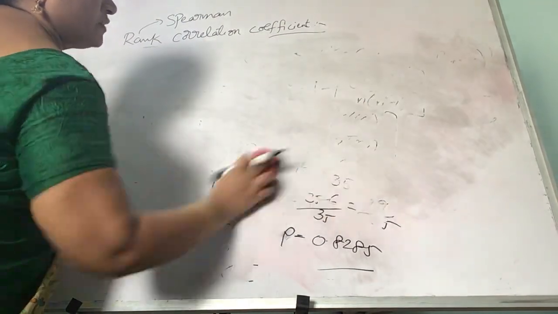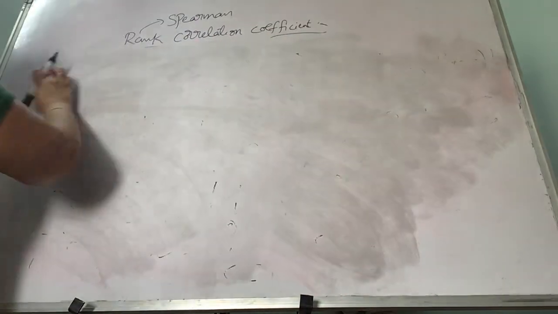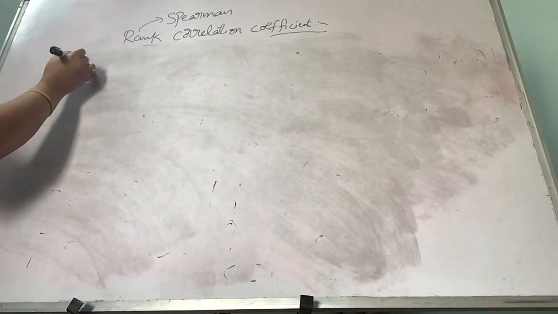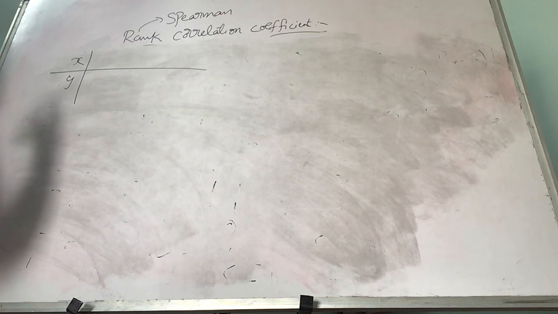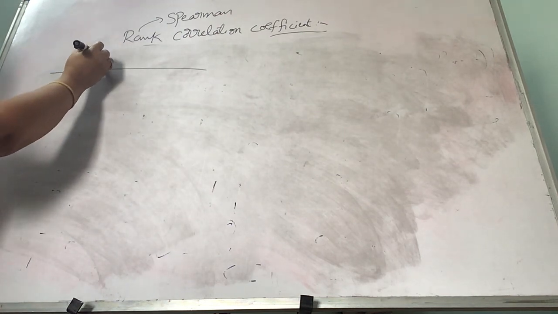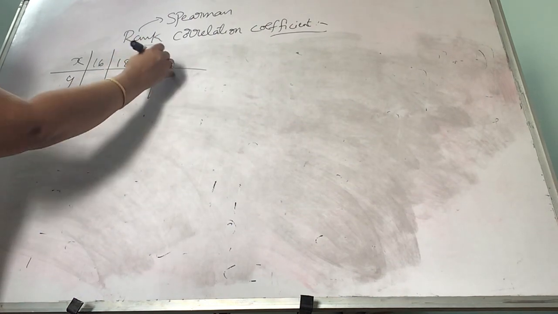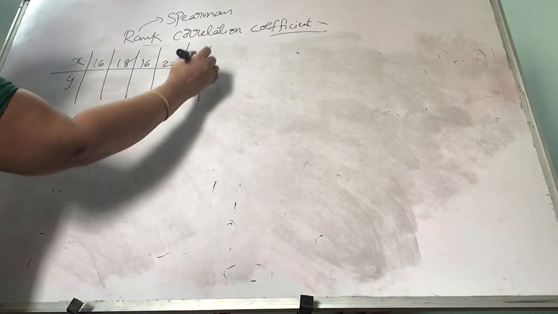Here I am taking again 6 values, X and Y values. I am giving 6 observations to each of these. Here X values, suppose 16, 18, 16, 20, 19, 18.